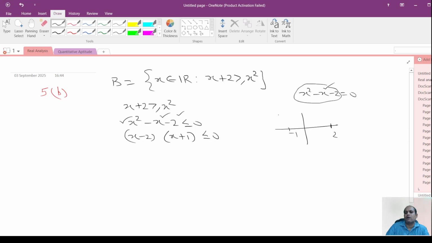It passes from minus 1 to 2, and we are interested in the portion which is less than or equal to 0, below the x axis. So, I will get its solution as minus 1 to 2, and since we have the equality sign here, I will get the closed interval minus 1 to 2. Now, I have already discussed how to compute this set.